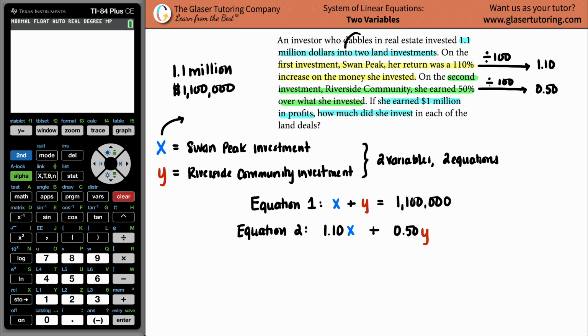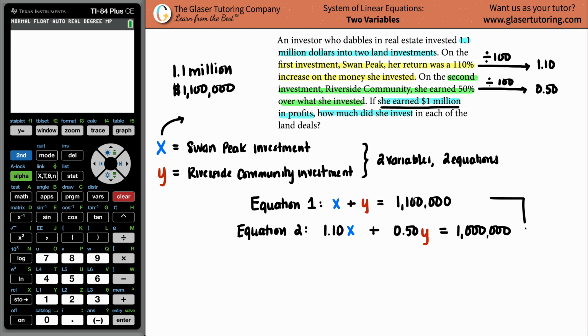But don't worry, guys. She's just dabbling. So she earned $1 million in profits. These are all the accumulation of her return. If she's getting a return, that means that she's getting a profit. So this cumulatively has to equal $1 million, which is this.